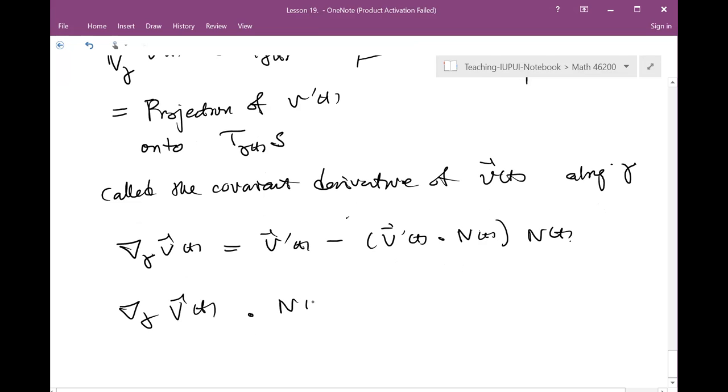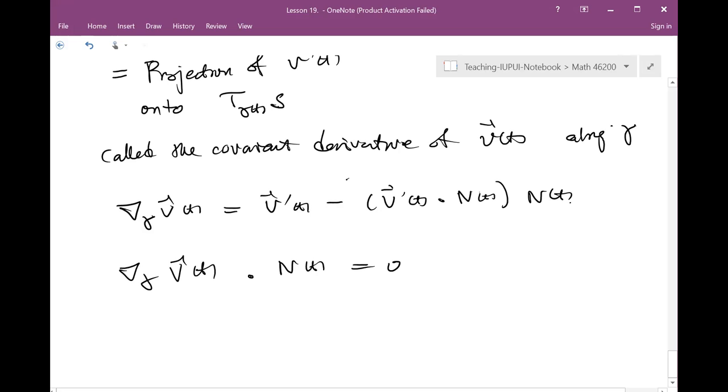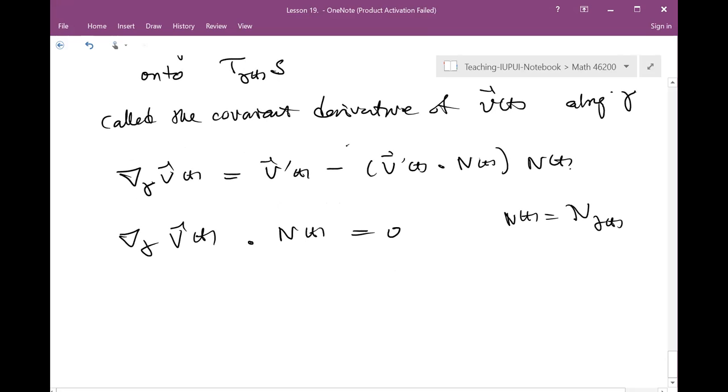So let me check. This is going to be 0, and it's easy to check that, because N of t is a normal vector along the curve gamma of t. It's a unit normal, it has unit length.